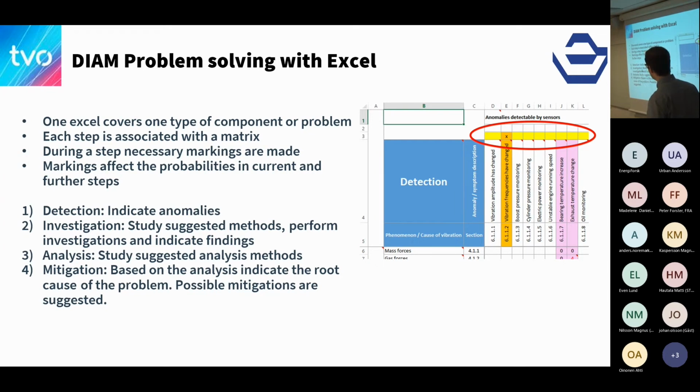Actually, the investigation step consists of multiple sheets and suggestions. First, there's a suggestion of objectives, which are the targets, what can be found, or what can narrow down the root cause of the phenomenon in the end.